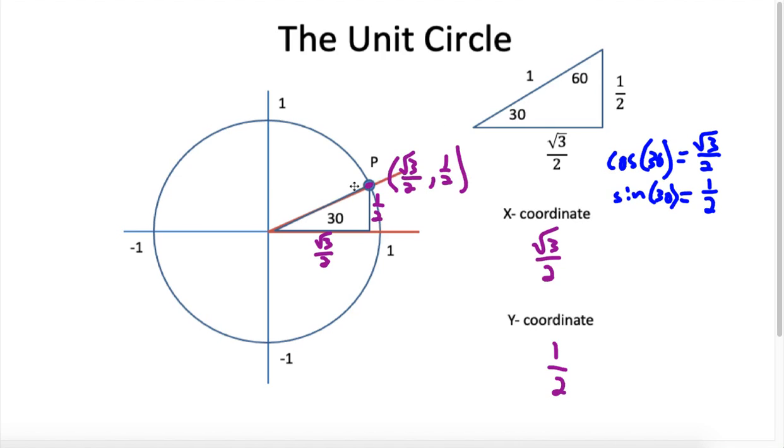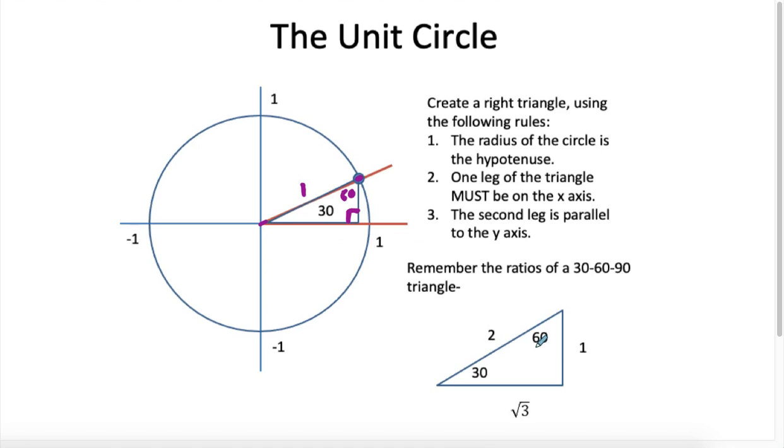And that's true no matter how big this triangle gets. As long as we have a 30, 60, 90, the ratio of the opposite side to the hypotenuse will always be 1/2. Even if we go back to the example where this side was 1 and this side was 2, opposite over hypotenuse is 1 over 2. If I multiply these by 17, I'd have 17 and 34, so 17 over 34 would reduce to 1/2.